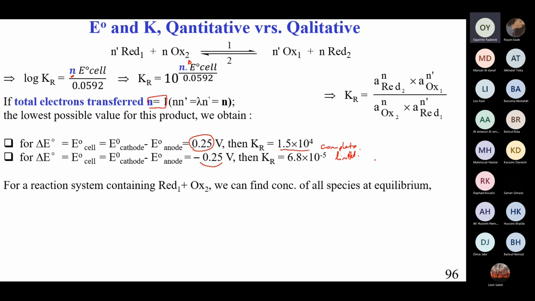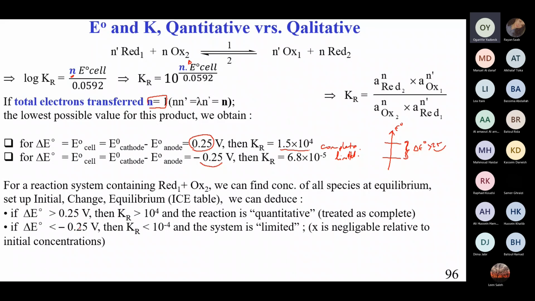This becomes useful on a diagram of E values, if you have E or E naught depending on whether the reaction is standard or not. And remember with K, we're looking at E naught values only. So if the difference in E naught is 0.25 or greater, that means the reaction is complete, and this is something we want to concentrate on, at least the complete part.